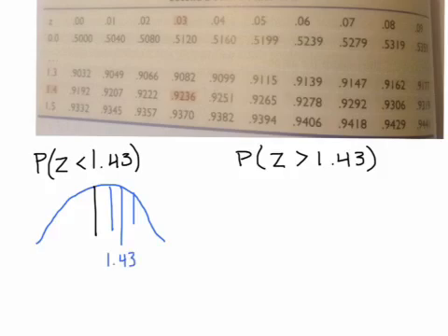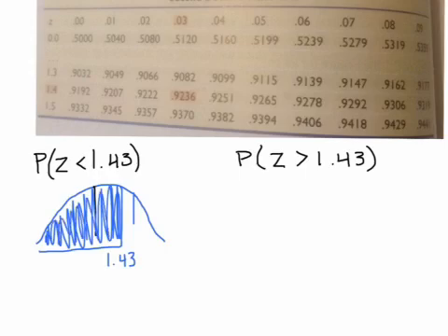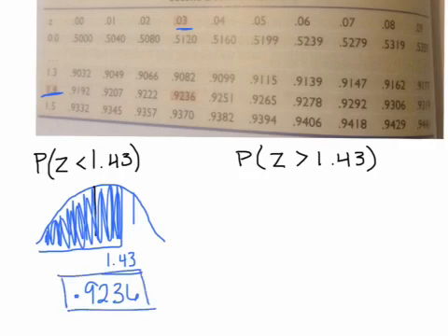Remember, this chart is a percentile chart, so this percentile will show everything less than that. If you want the z-score to be less than, then whatever I find on my chart is that probability. So 1.4 and 3, I have 0.9236. There is my percentile.